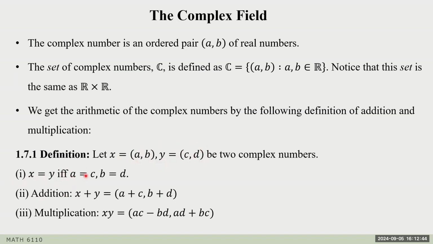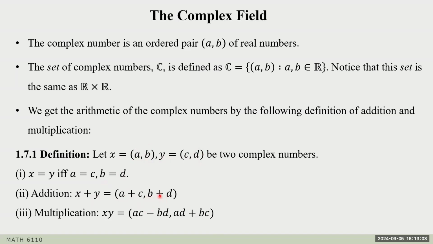So if and only if a equals c and b equals d, then you could say your complex numbers are equal. How to add two complex numbers? You add them component-wise. So a adds to c, and that gives you the first component. And then b adds to d, and that gives you the second component.